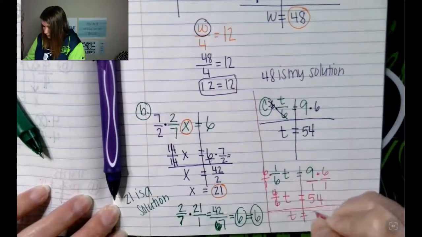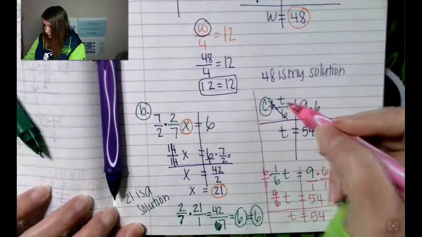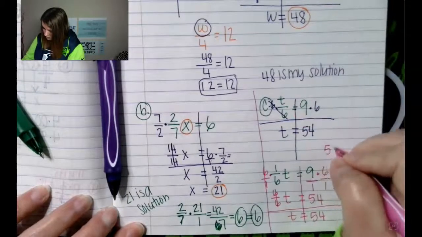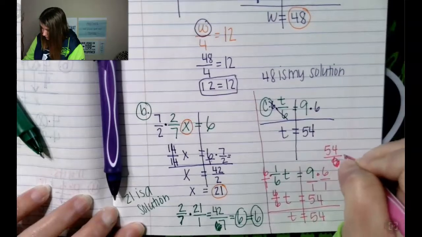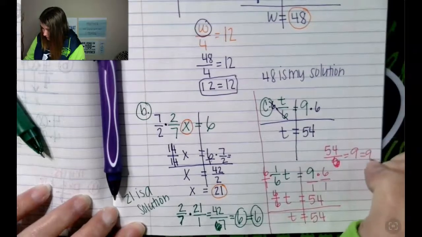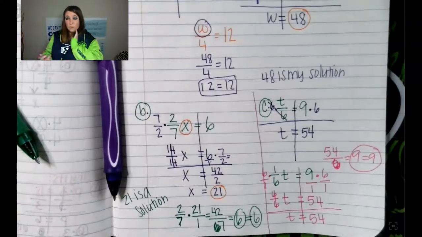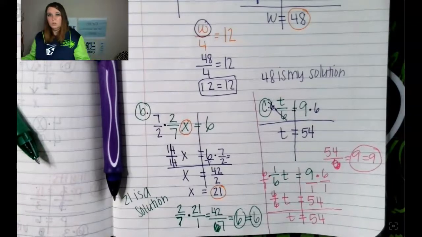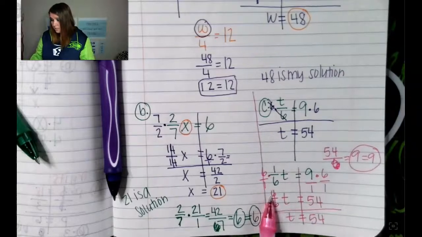T equals 54. And I know that 54 divided by 6 equals 9, and 9 is equal to 9. So 54 is a solution. Again, 2 different strategies. If you don't want to make it into a fraction, you don't need to.